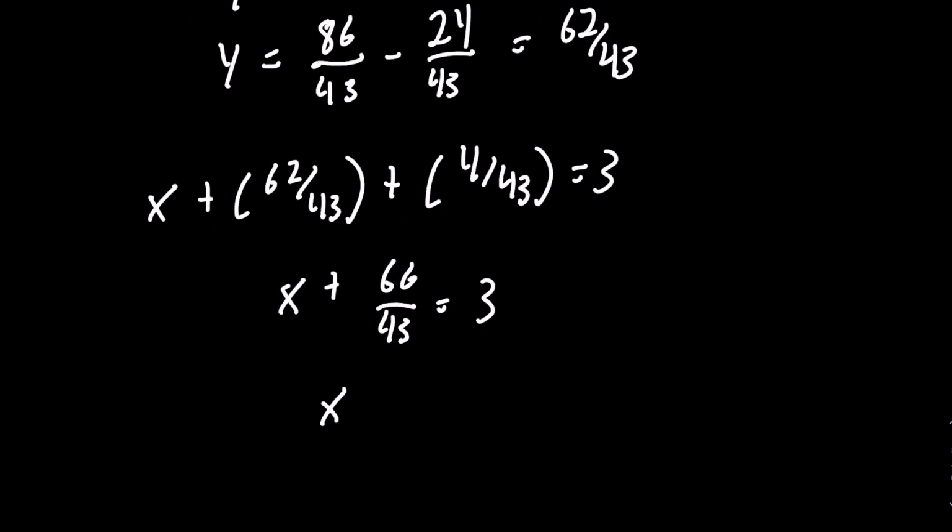You can subtract fractions on both sides, and we get 3 minus 66 over 43. And now, how can we turn 3 into a fraction?